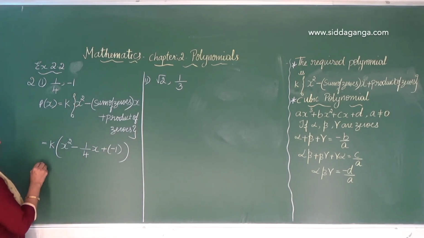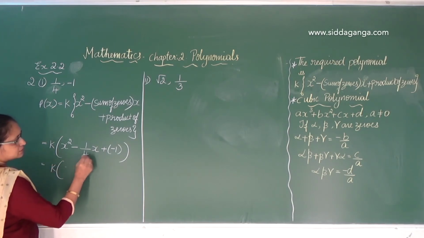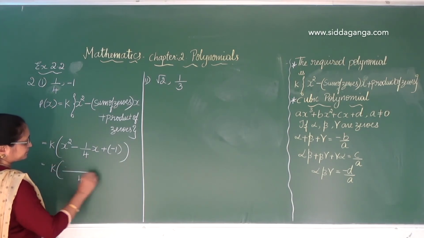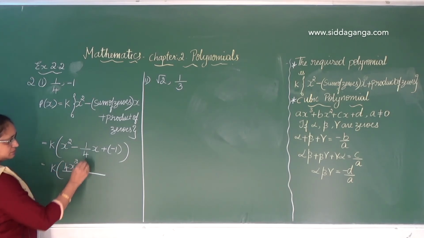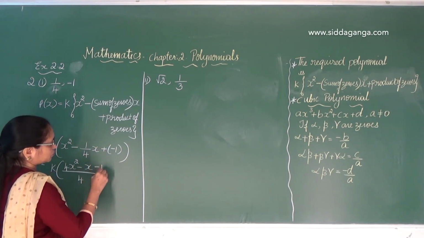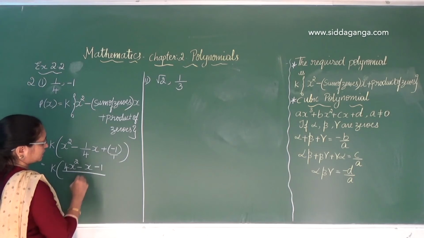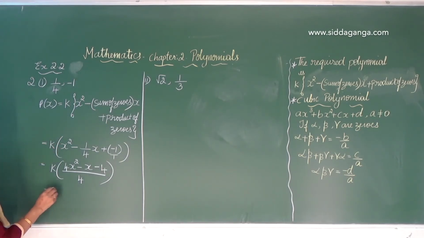Now we will try to solve this. Here 4 is the LCM. Now this one will become 4x square minus x, and here minus 1 fours are 4. Now let k is equal to, we shall take it as 4 now.